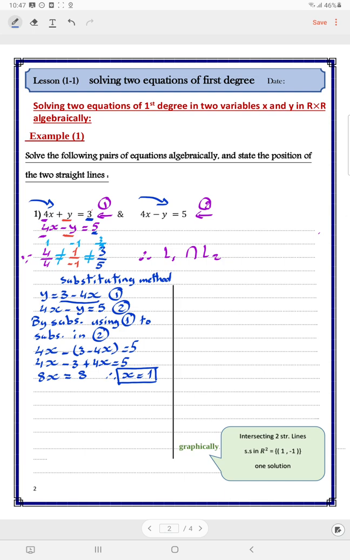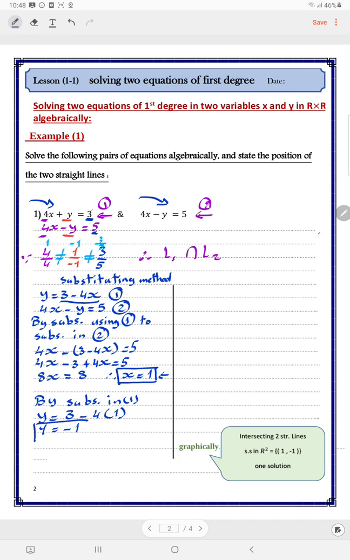Now, how do we find the value of y? I will use the value of x equals 1 to substitute in equation number 1. By substituting in equation 1, y equals 3 minus 4 multiplied by 1, the value of x. So the answer here will be y equals negative 1.